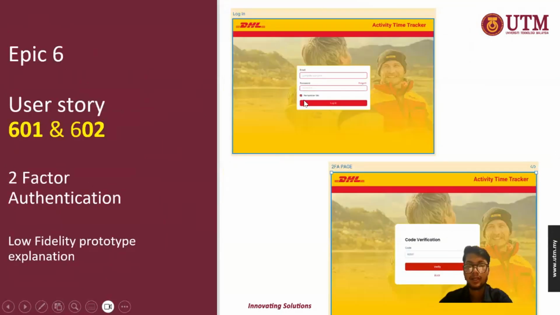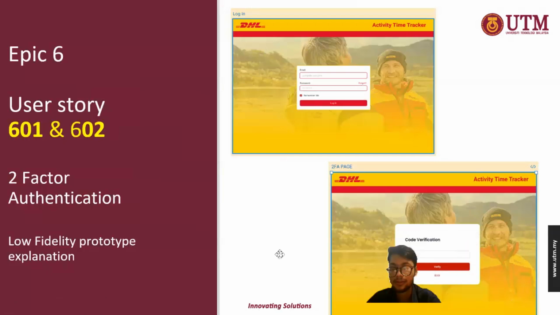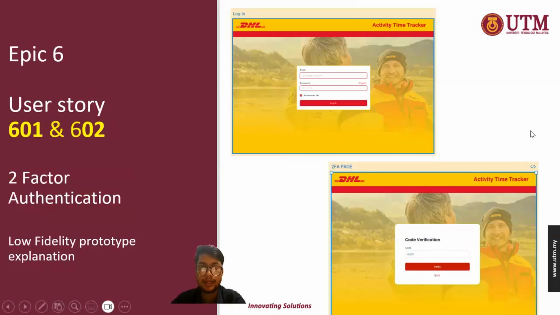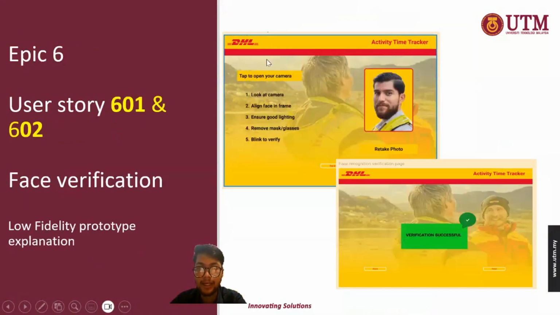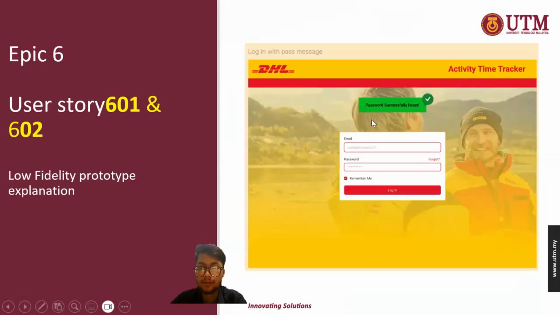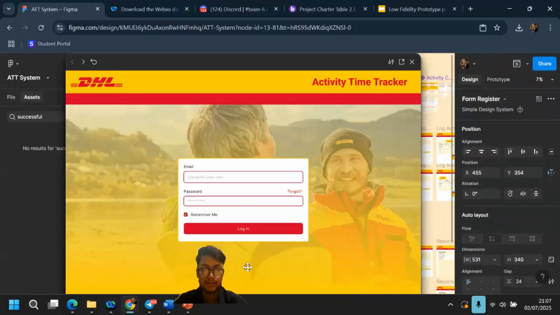At first you see this is the login interface, and I used a code verification here, and they can also recover their password, and then they can scan their face for the double layer protection. This one is basically the login interface.